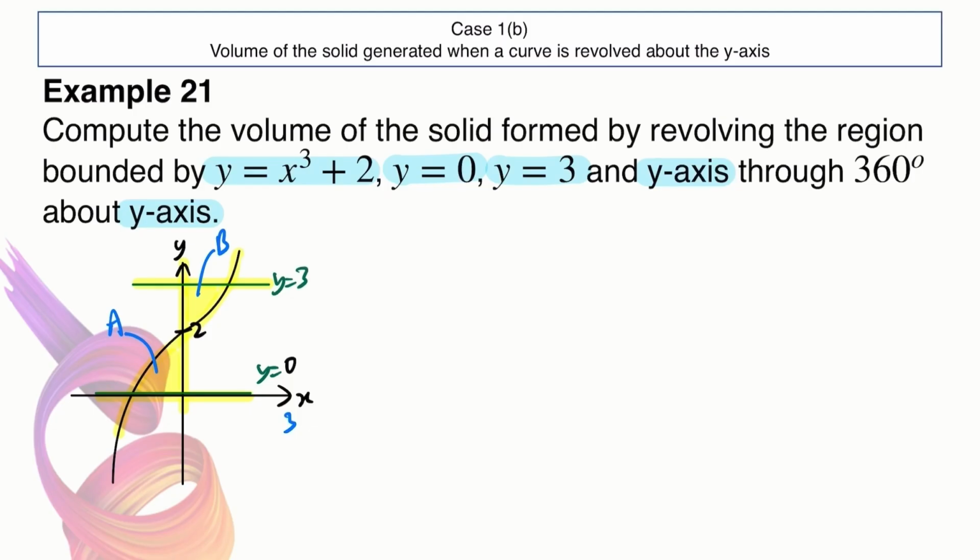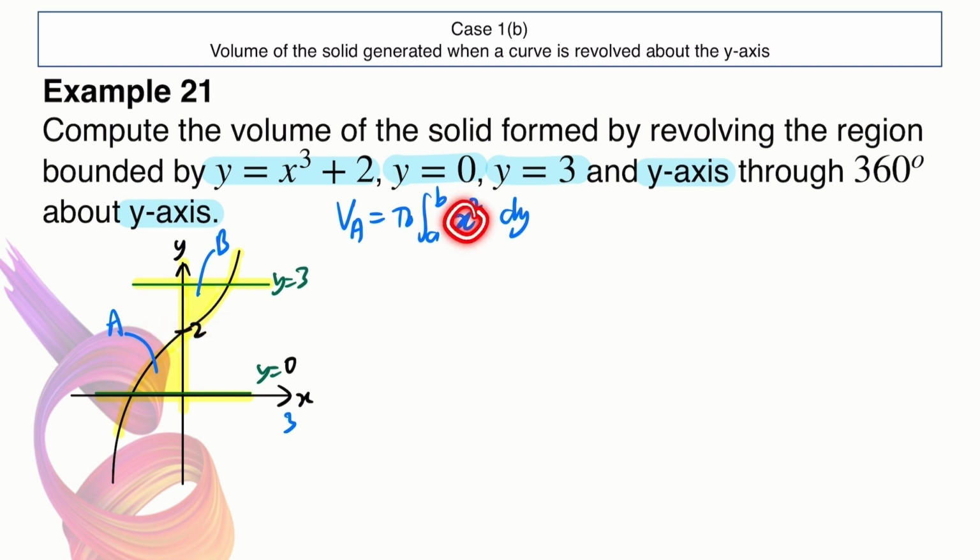Alright, how about now you stop writing and listen first, because there is something that might catch your attention here. So VA, the volume for area A, is pi integral from a to b of x squared dy. Now let's find the values of a and b. A starts here and ends with this line, which is 2.